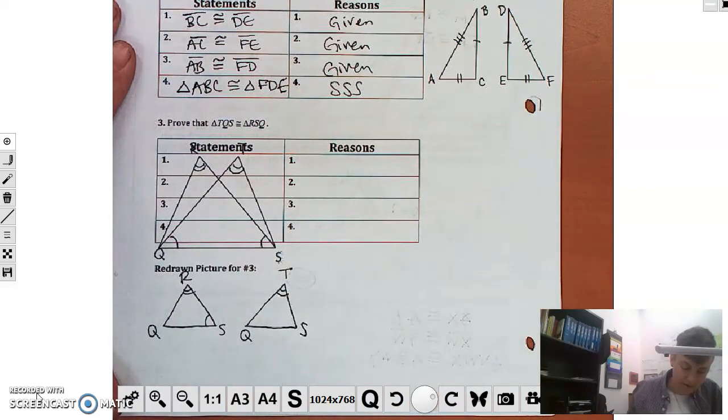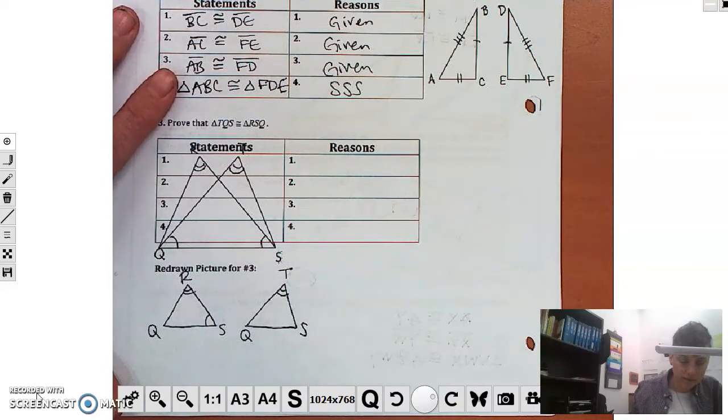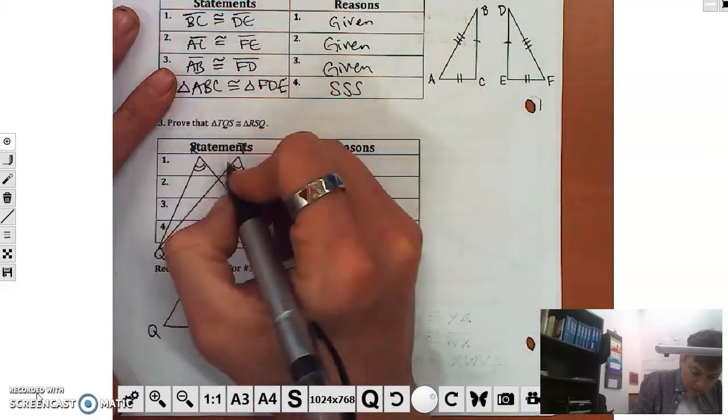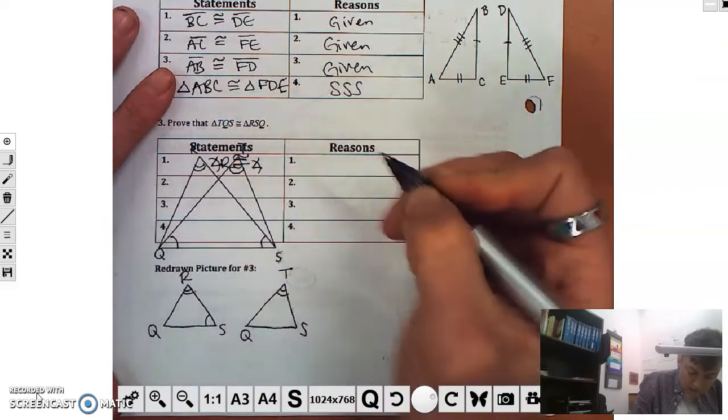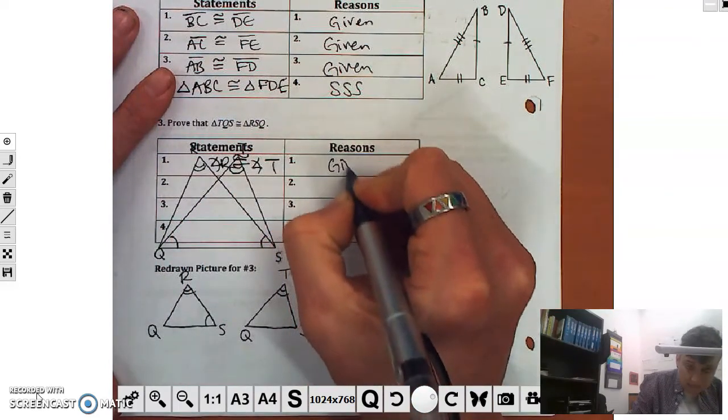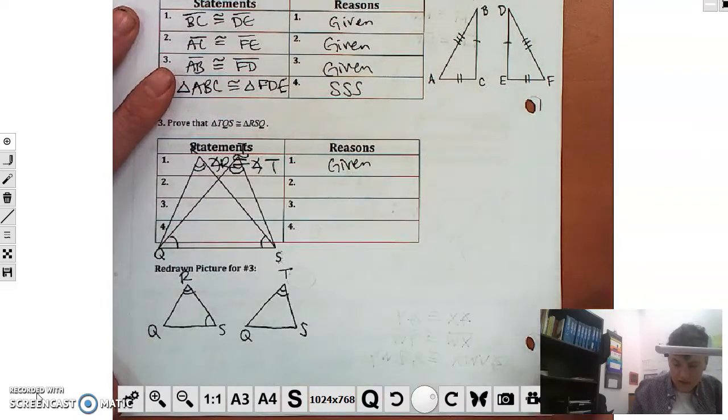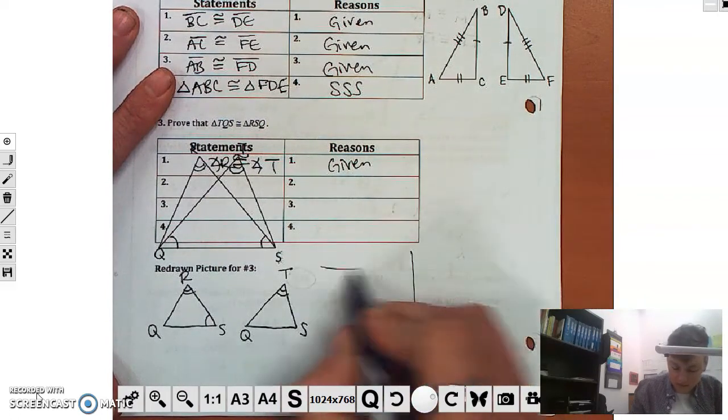Alright. So, the things that we are given. Yeah, I think I'm going to write it on the top. It's going to be fine. Angle R is congruent to angle T. That's given. That says R is congruent to T. Just kidding. I'm going to write it down here because that's a mess.